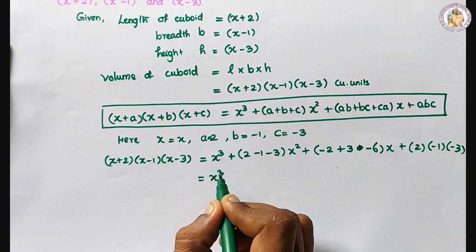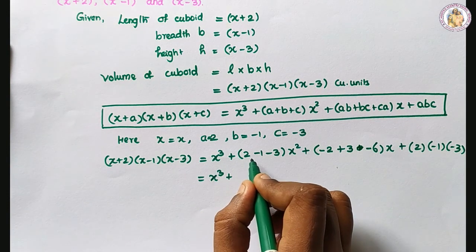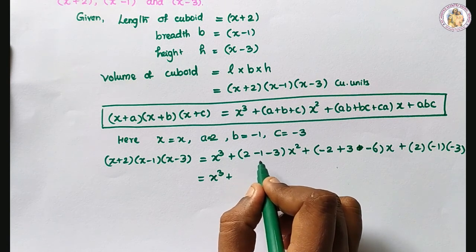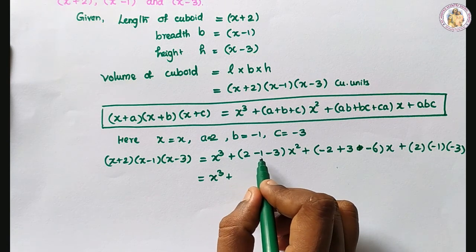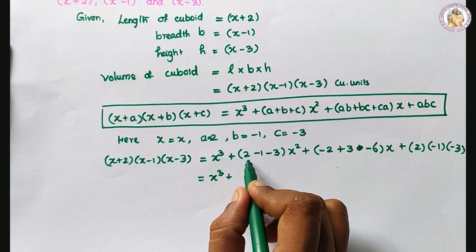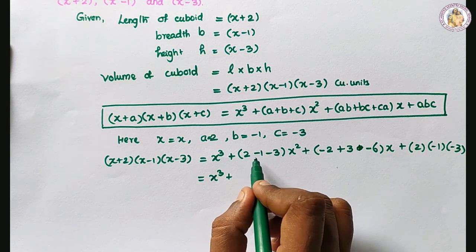x cube, 2 minus 1 minus 3, 2 minus 4, right? Same sign.